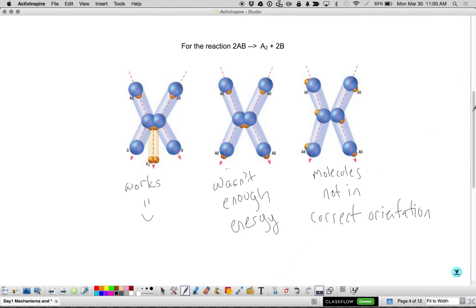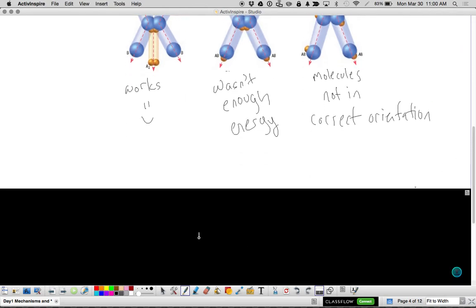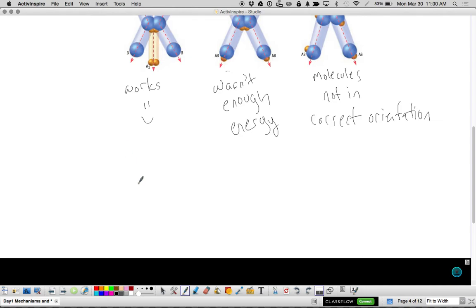All right, I think a great example of this occurring is NO plus Cl2 reacts to form NOCl plus Cl. Here's nitrogen monoxide. Let's say it's a triple bond. And here's Cl2, a single bond.